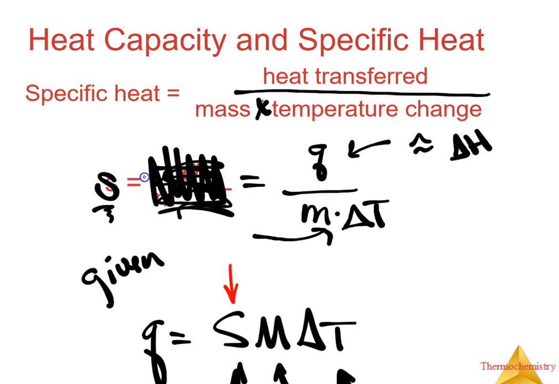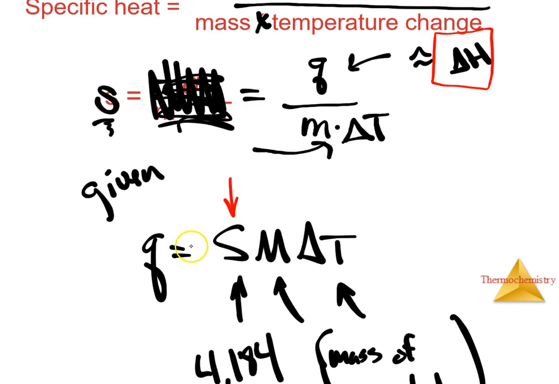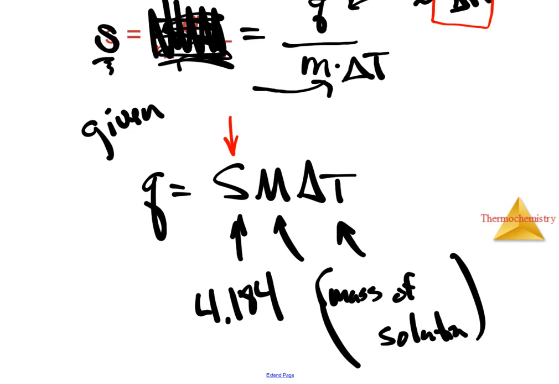Okay. Now this equation can be written differently to solve for Q. And Q is what we really want because Q and delta H are pretty much the same thing, correct? So the equation that we will use way more often is actually that Q equals S M delta T. Now, just to chop that up, we will do this in water.